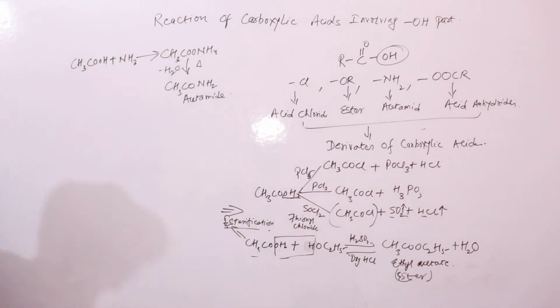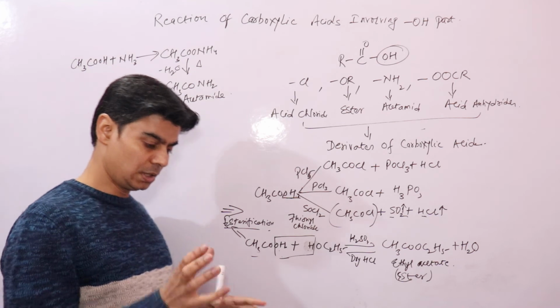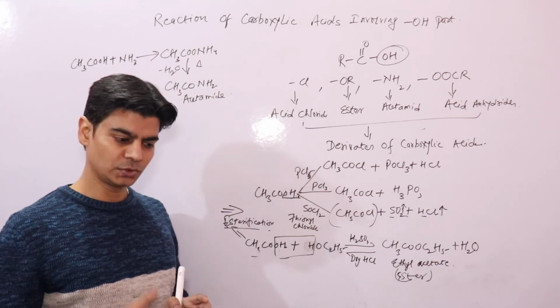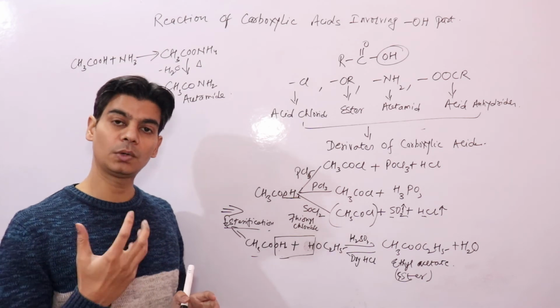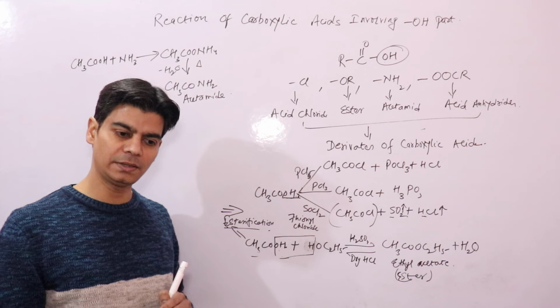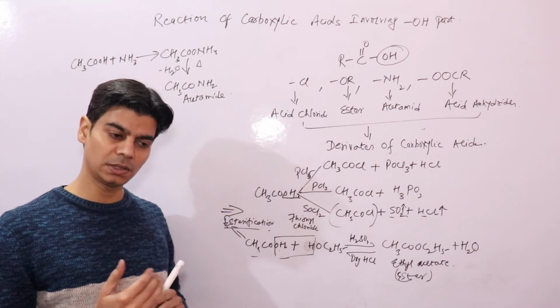This reaction takes place in the presence of phosphorus pentoxide, because in this reaction we are removing a water molecule. So in order to remove a water molecule, what we need is a dehydrating agent. A dehydrating agent will remove water molecules.